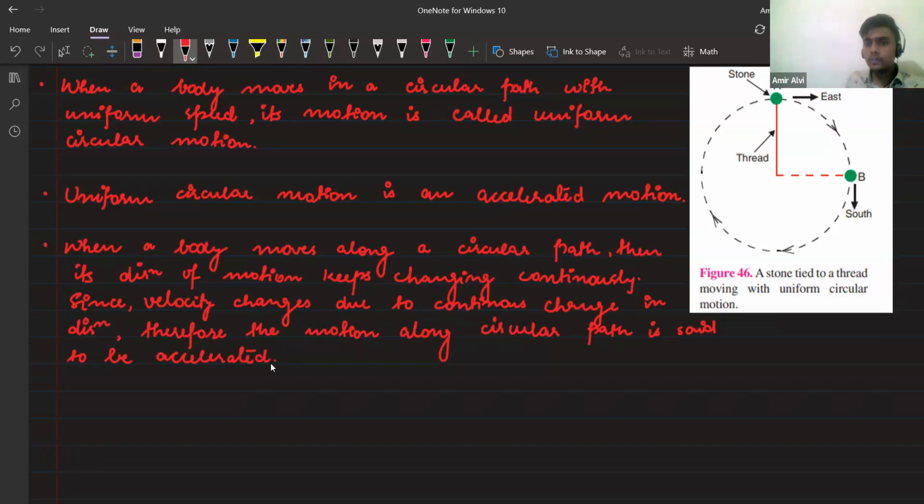Okay, so that's why it is called accelerated motion, because the velocity is continuously changing due to the change in direction. Clear, bachchon?